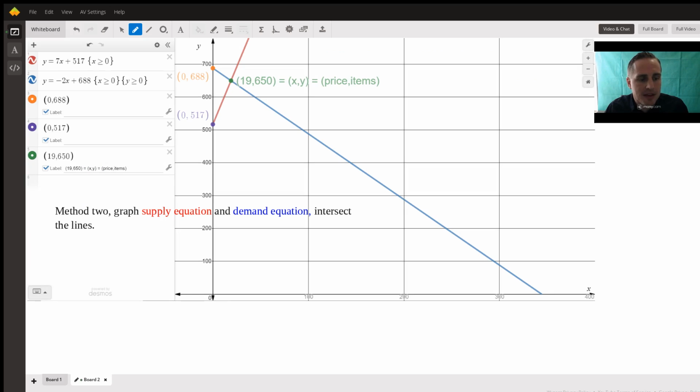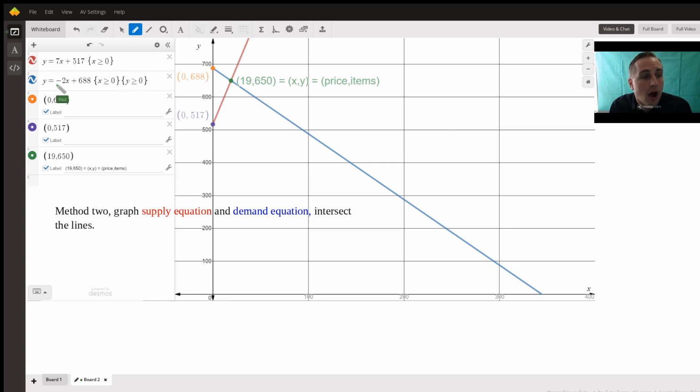So the second method I have shown here using the software program Desmos, that I've got the red line, which is positively sloped, shown here. And notice that I set X to be greater than or equal to 0 because we don't want to have a negative price. That doesn't really exist.